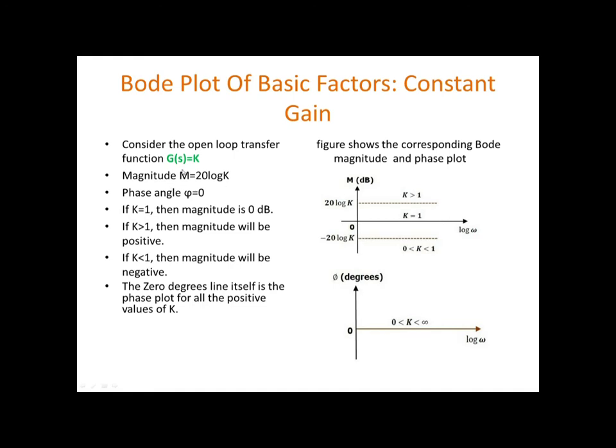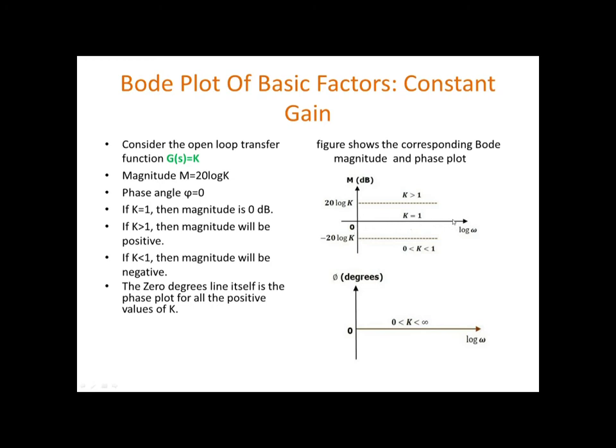So, the magnitude becomes 0. That's why when K is 1, the magnitude is 0 dB, and the phase angle is always 0 degree. So, the Bode plot when K is equal to 1 is the horizontal line at 0 dB.